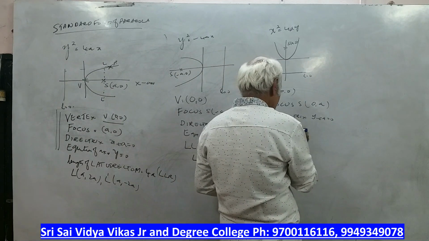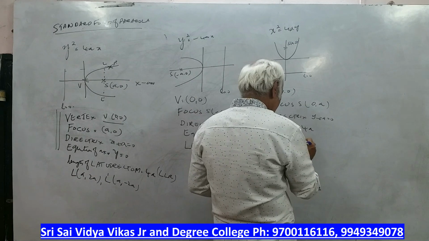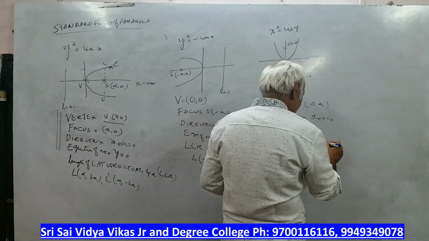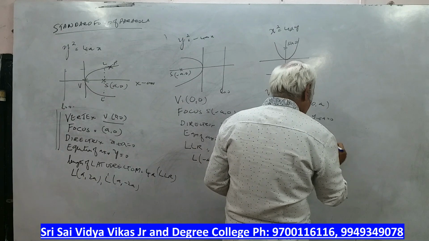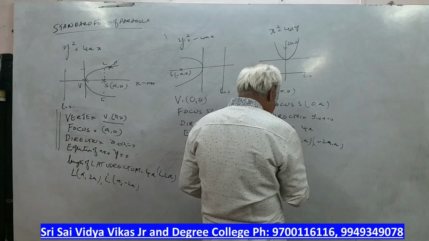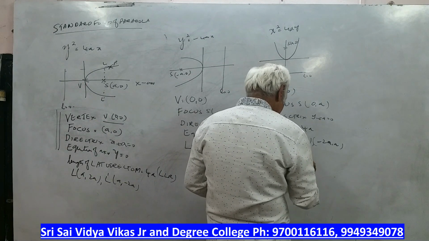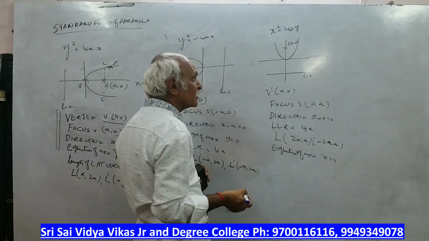Length of latus rectum, there is no change, 4a. L is now (2a, a) and (minus 2a, a). Equation of axis is x is equal to 0. Here y is equal to 0, here x is equal to 0.